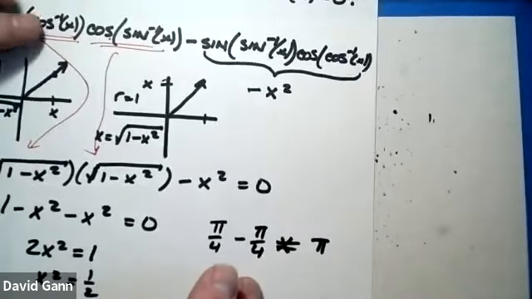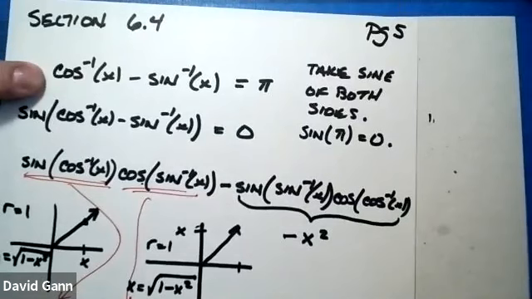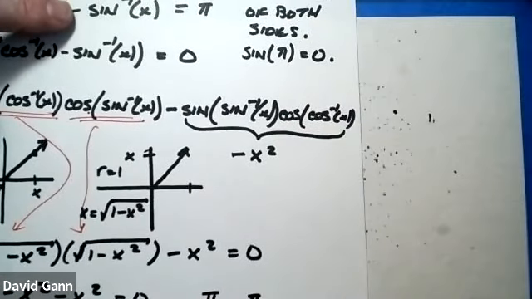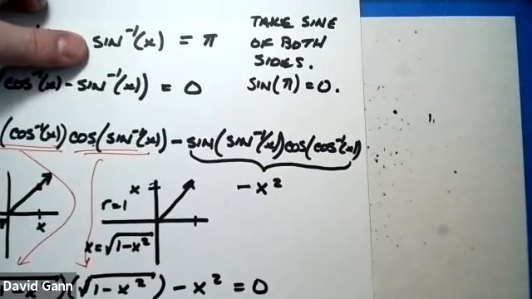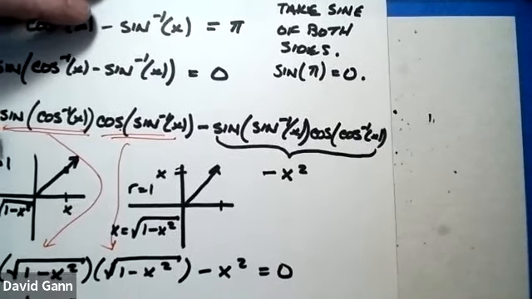Check the other one. So if we go the other way, we have negative root 2 over 2. Well, the inverse cosine of negative root 2 over 2 is actually an angle in quadrant 2, and it happens to be 3 pi over 4. And then the inverse sine of negative root 2 over 2 happens to be an angle in quadrant 4 with the negative sign and the reference angle pi over 4.